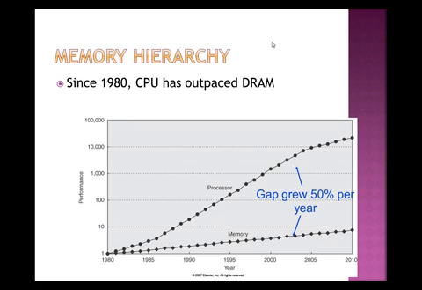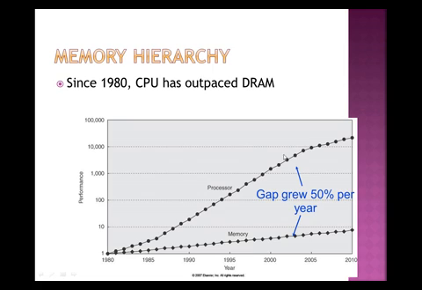This shows how the CPU outpaces dynamic RAM. This is a graph that represents how performance has grown across successive years. These are the years. These are the different performance levels, at 0, 10, 100, 1000, 10,000, 100,000.